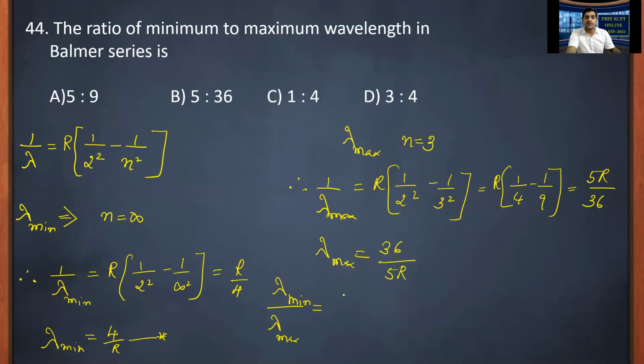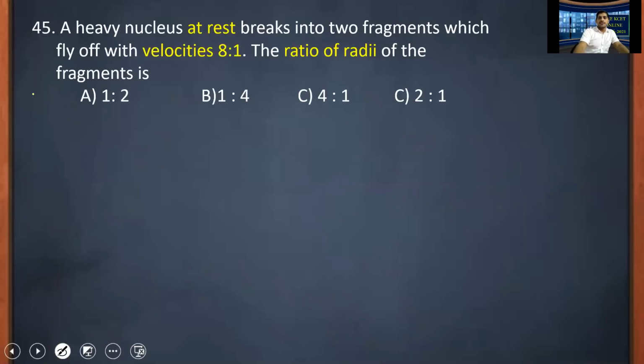That is 4 divided by R, divided by 36 divided by 5R. So R gets cancelled. 4 ones are 4, 4 nines are 36, so 5 goes up, so it becomes 5 by 9. So the option will be A.